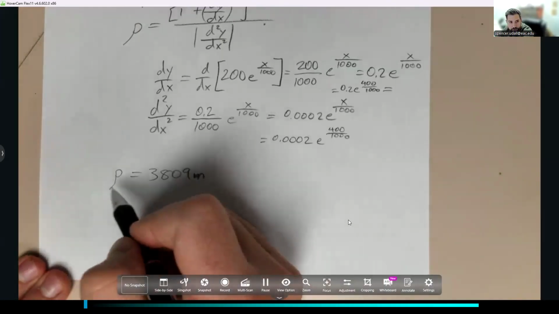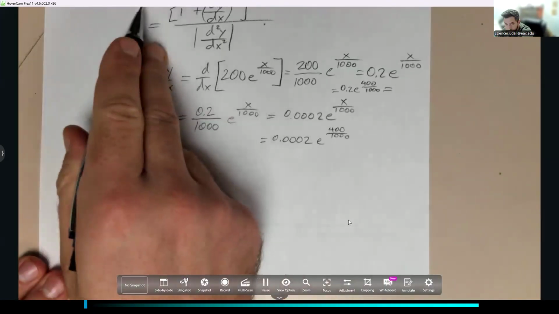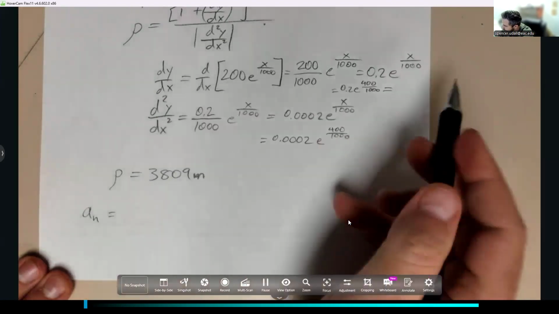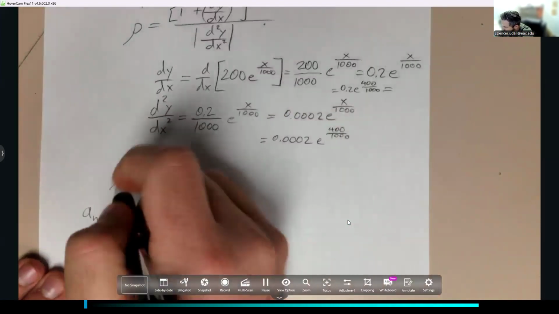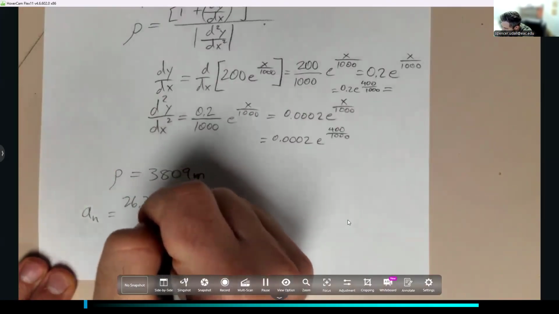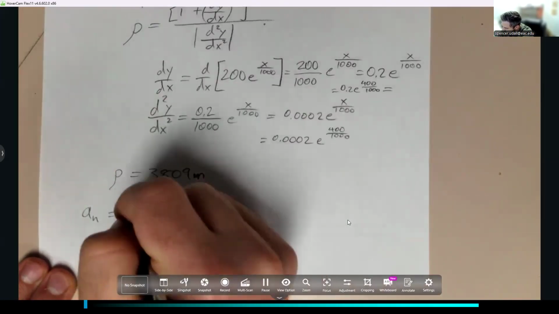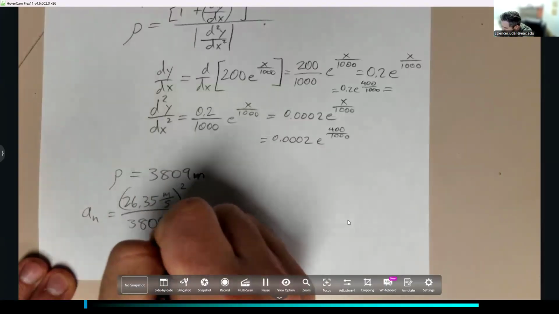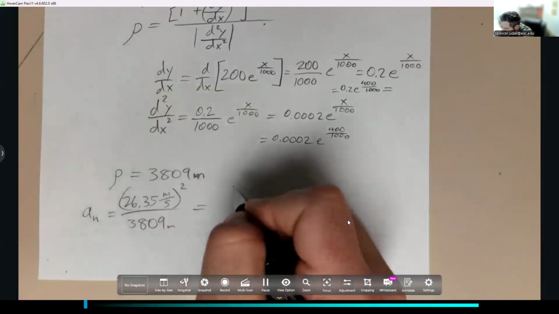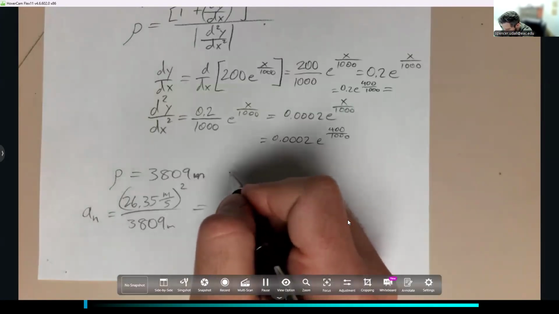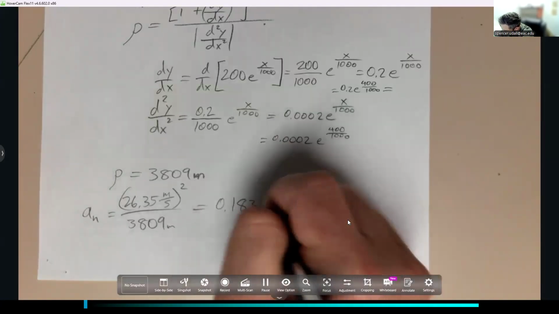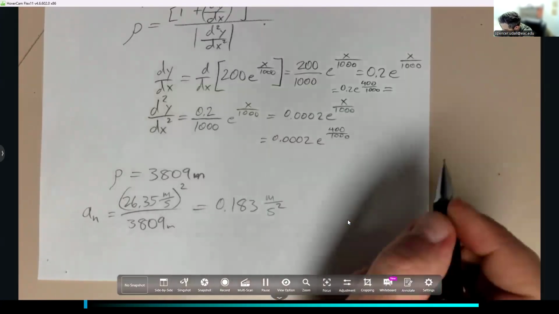So 3809, we need v squared over rho. So AN equals the velocity that we came up with earlier, 26.35 meters per second. That gets squared on top, divided by 3809 meters below. Our units work out nicely there. 0.183 meters per second squared.